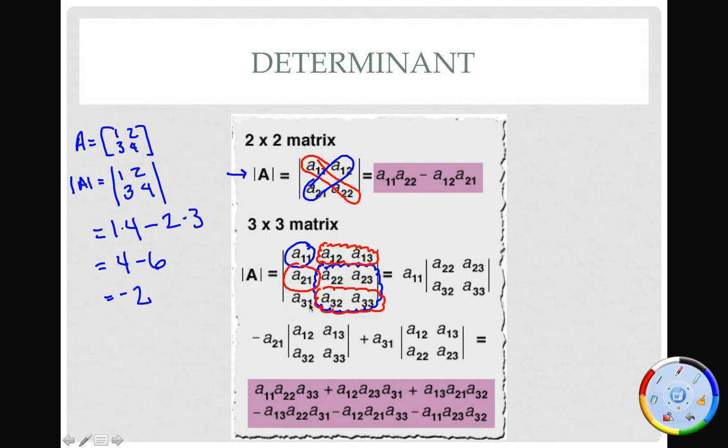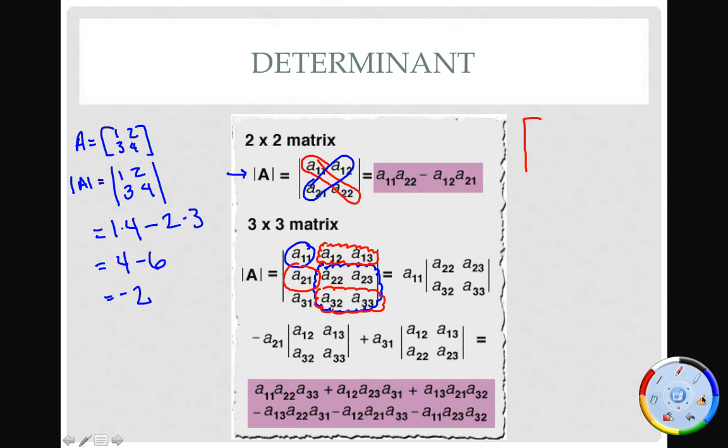And then I'm going to add. So notice it's plus, minus, plus. That's important. And then you do it for the third thing in the same column. You find your determinant of a 3 by 3.